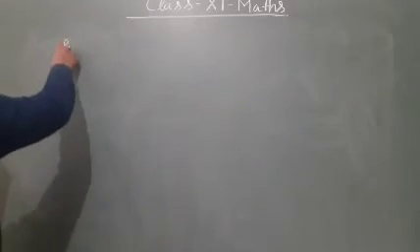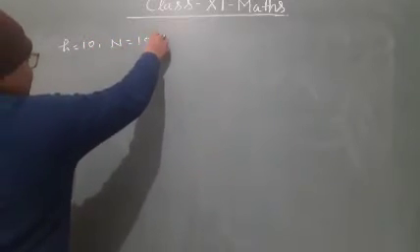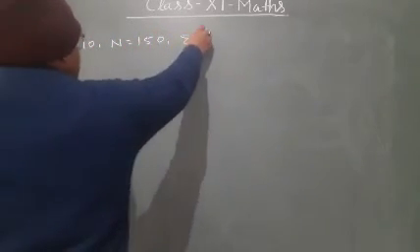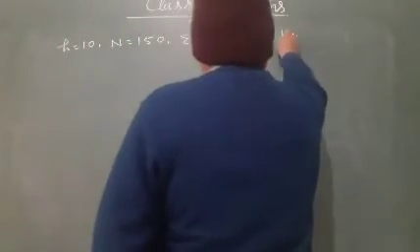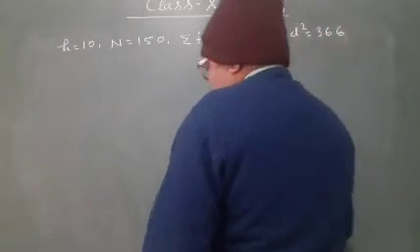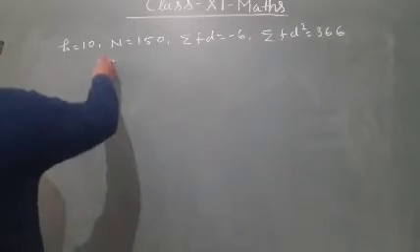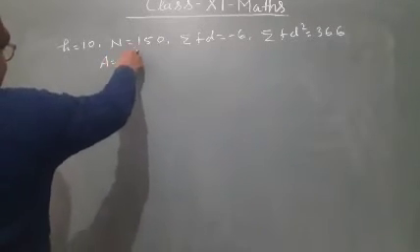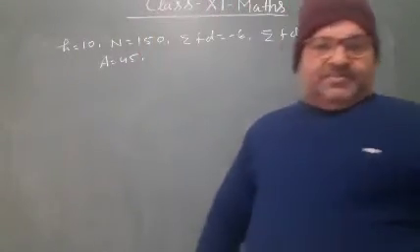h is equal to 10, N is equal to 150, sigma f d equal to -6, sigma f d square 366, and a equal to 45.